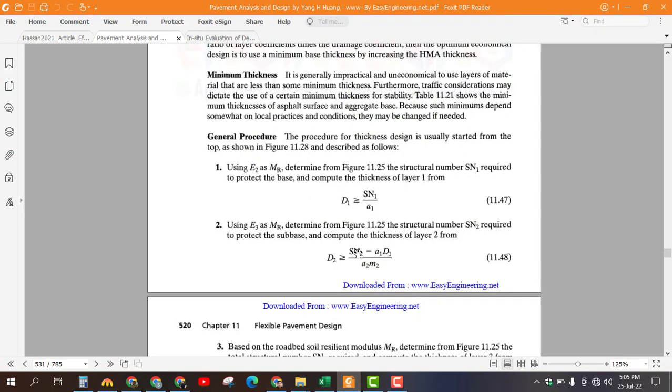D2 is equal to SN2 minus A1 D1. Look at this, if we move this A1 D1 to the left side, then SN1 is actually equal to A1 D1. So we can also write SN1 here. So by dividing SN2 minus SN1 by A2 M2, we get D2.